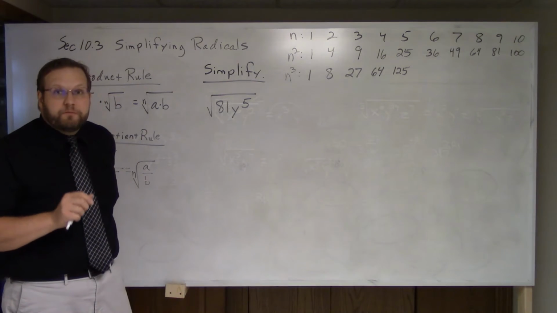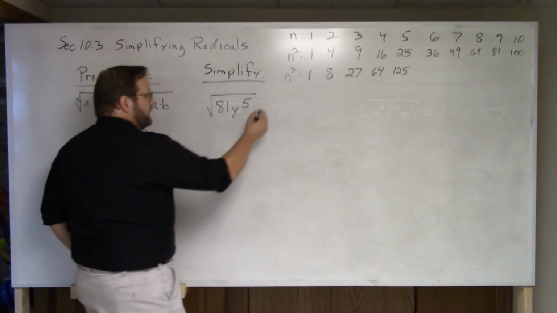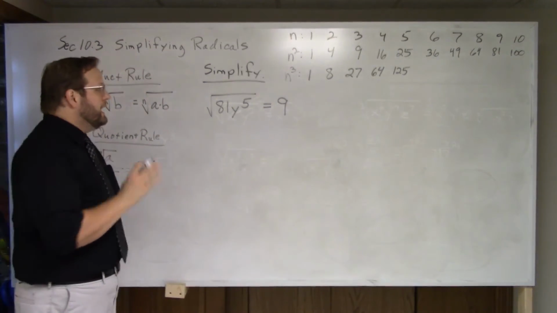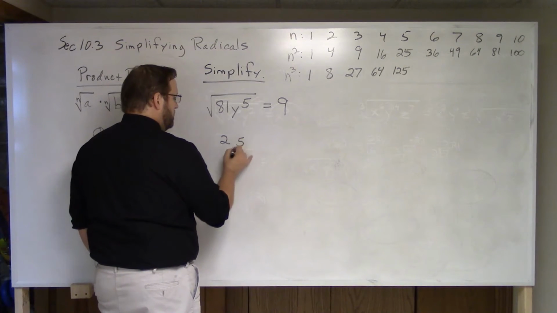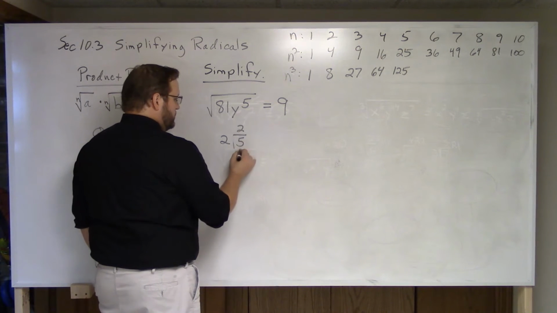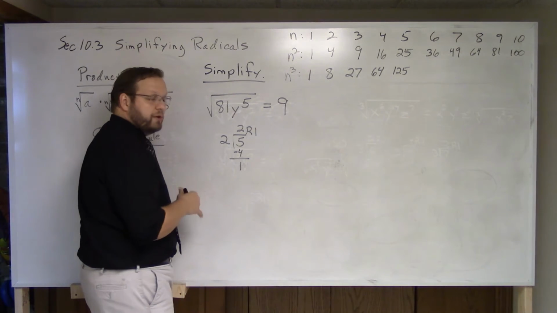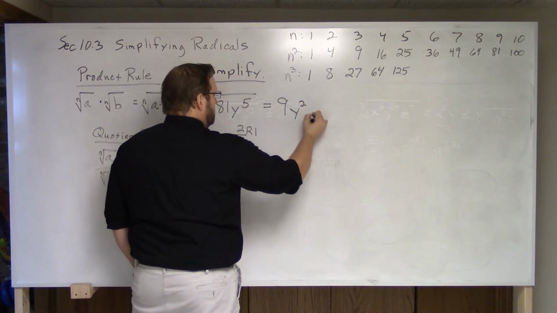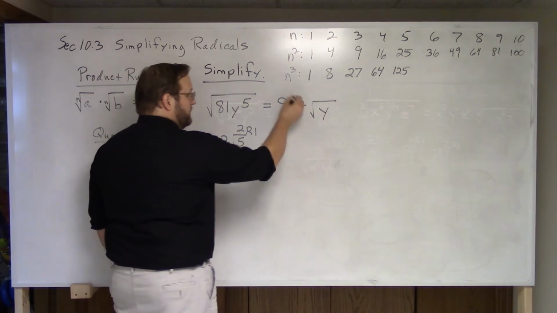Take the numbers first, then worry about the variable part of it. So square root of 81 is simply a 9. That comes out very nicely, don't have to worry about it. How about that y to the 5th? Again, if you need, you can do that division. 2 goes into 5 twice, so you got a 4 remainder, and then a remainder of 1 at the end of it. So with the y, you had 2 remainder 1. And there's your final answer.